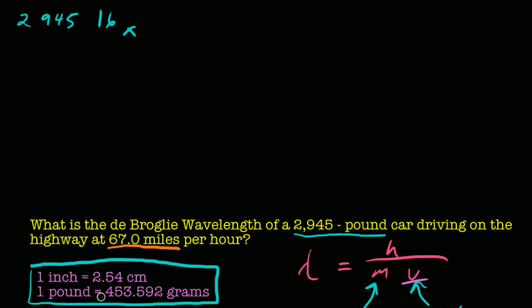And we're saying 1 pound is equal to 453.592 grams.